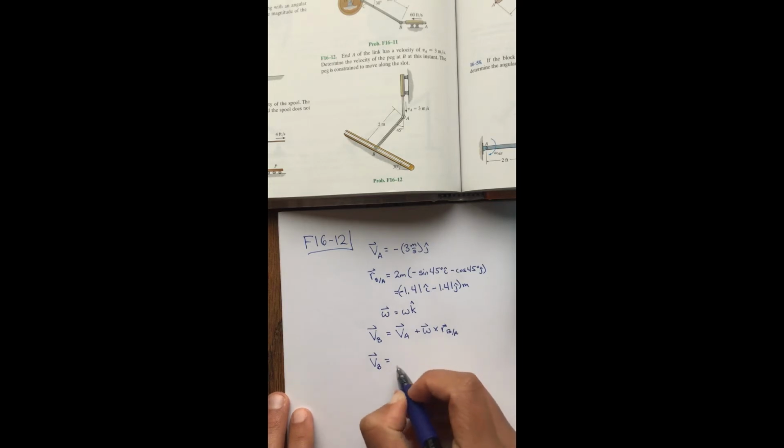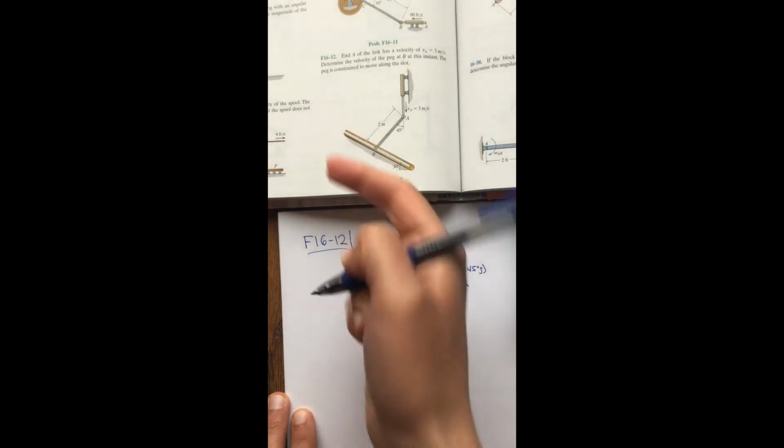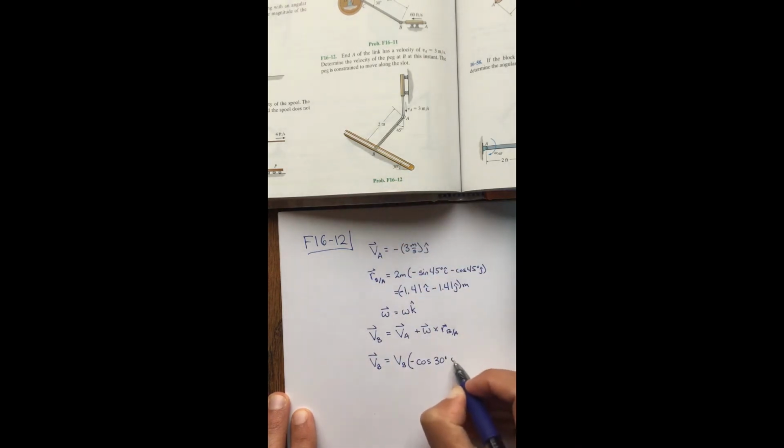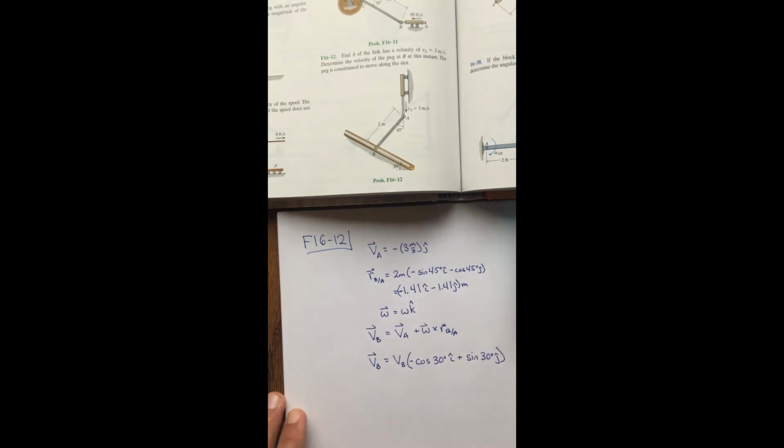How about I just say it's the magnitude of the velocity vector times the x component is cosine of 30 degrees, but it's going this way, so it's negative in the i hat direction, plus sine of 30 degrees in the j hat direction.